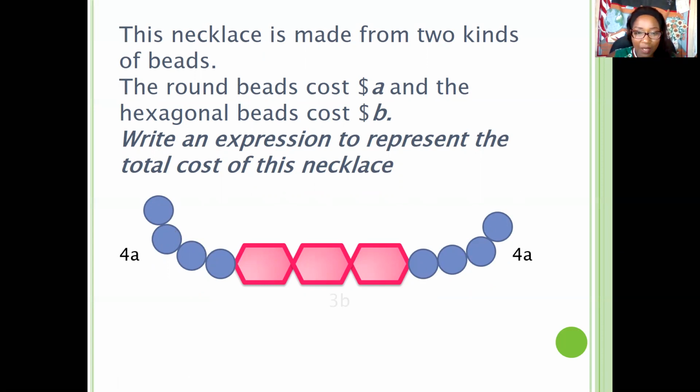And then in the middle, we have 3B representing our 3 hexagonal beads. So our expression is 4A plus 3B plus 4A. And then I went ahead and simplified. That will give us a grand total of 8A plus 3B.